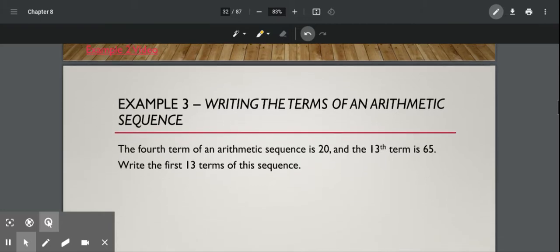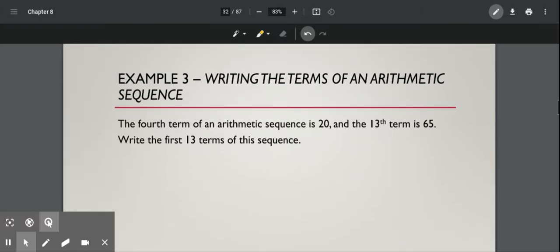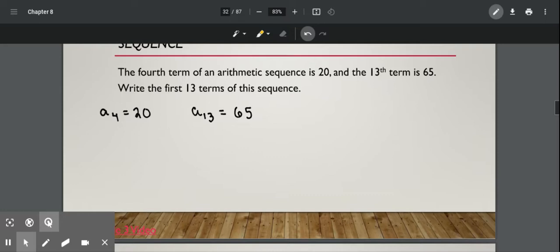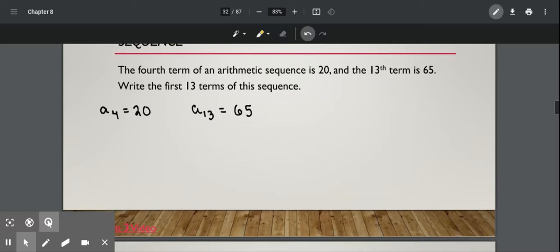For this next example, again we're going to write an explicit formula, but this time they give us the information that the fourth term is 20 and the 13th term is 65. We want to write the first 13 terms of the sequence.